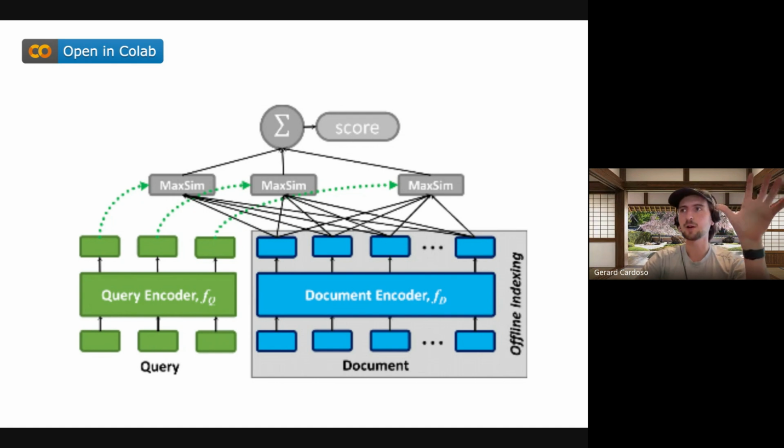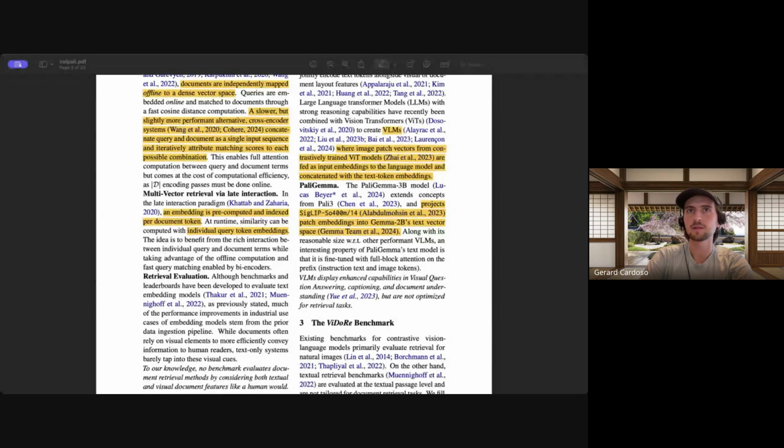So it's similar to cosine similarity, but with a slight computation overhead, since you're doing all of these different operations. This is what the ColPali paper relies on. So I'm going to go back.